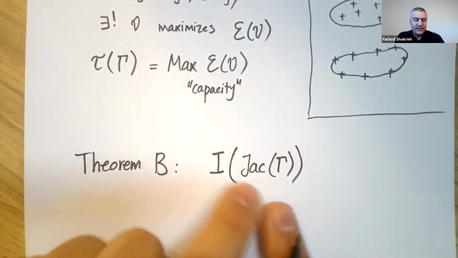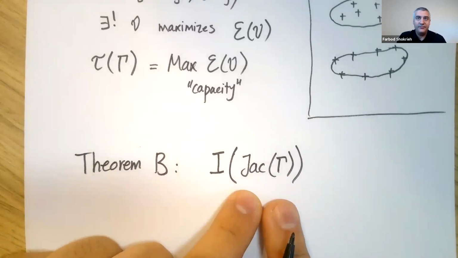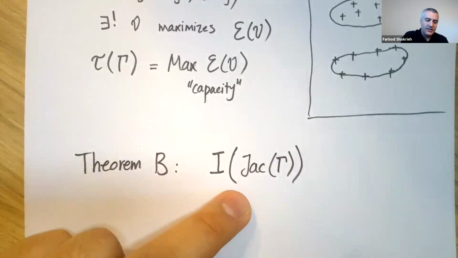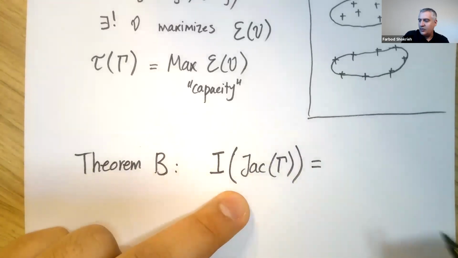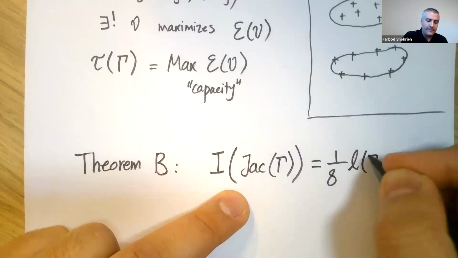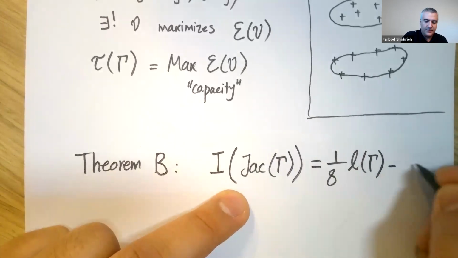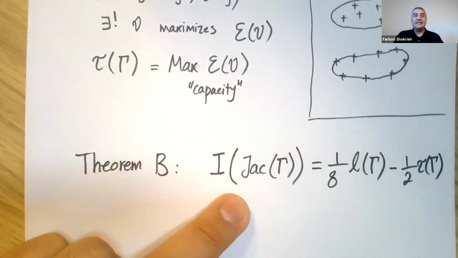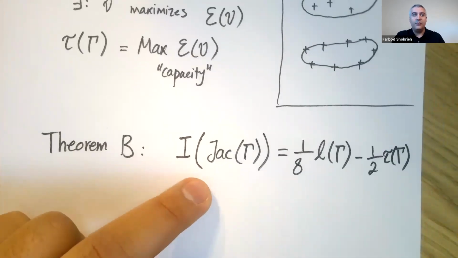So I is some quantity attached to the graph, the torus that comes from the graph. This has a formula in terms of this capacity. In particular, it's easy to compute and it's completely understood combinatorially.